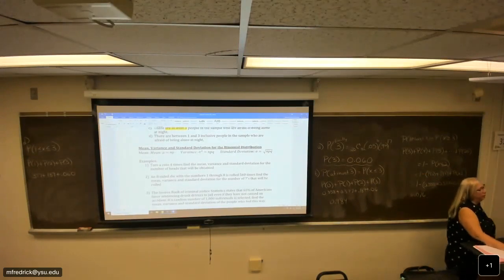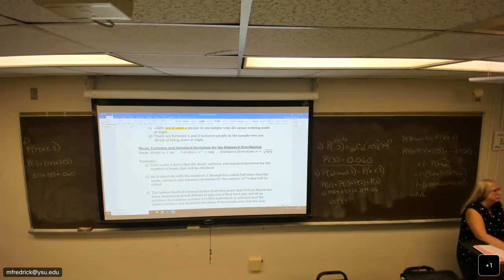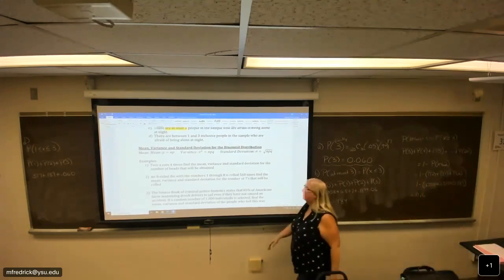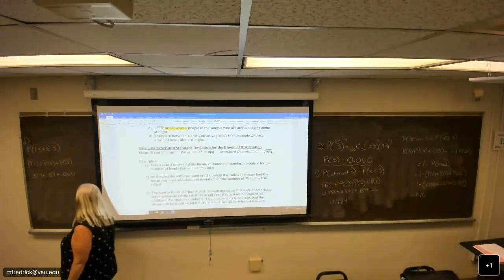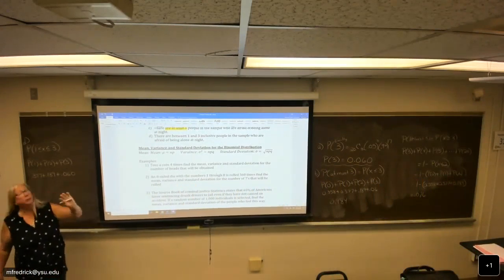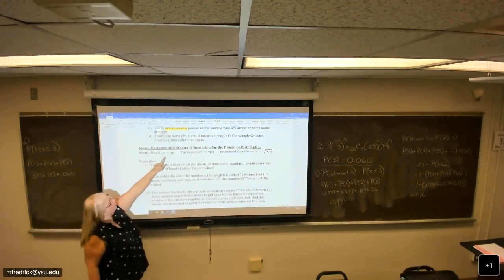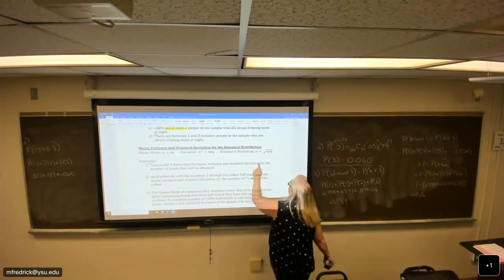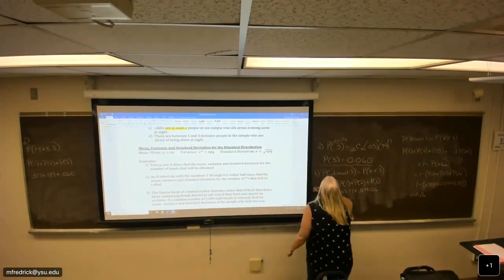Standard deviation, we take the square root of that. So this is only for binomial distribution. The mean is n times p, variance, just multiply that times q. Standard deviation, just take the square root.